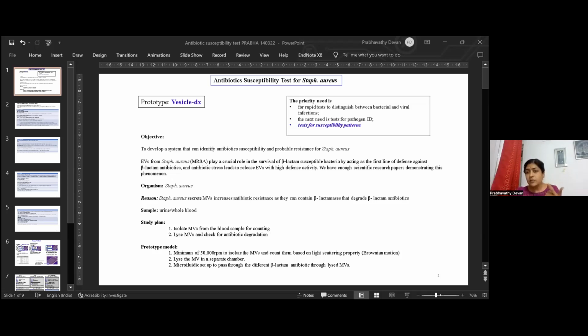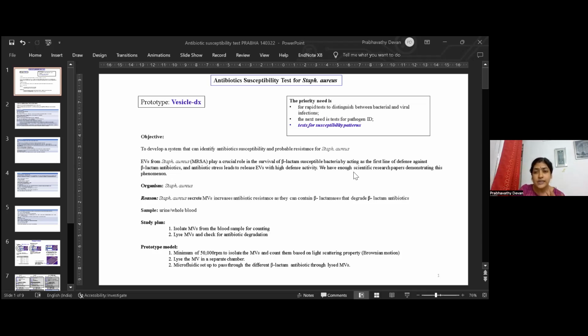Keeping that in mind, I thought we'd focus only on Staph aureus, because there is a wide variety of valuable research articles and publications available on the scientific approach I'm going to talk about. The prototype has been named by Manu as Vesicle DX, where we use membrane vesicles secreted by bacteria as a mode of diagnostics.